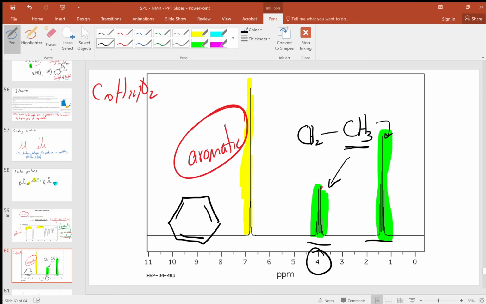And an aromatic ring just being attached to an ethyl is not nearly enough to take it to that high of a chemical shift. What is? Well, we have these 2 oxygens. So if we put that oxygen there, and then we have an R group on the other side, that will account for the chemical shift, and it also accounts for the fact that we didn't see an alcohol or a carbonyl, and said that we probably had an ether.